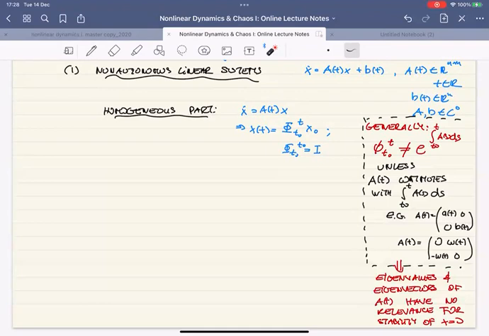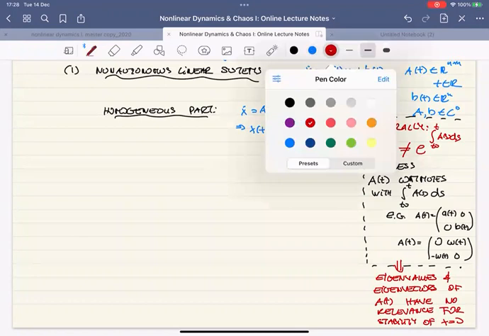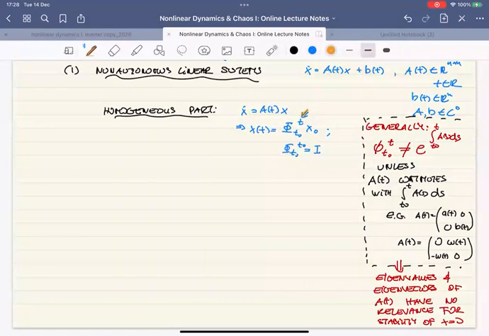So this is the homogeneous part, and we call this the fundamental solution matrix. These are terms we already used before, that's why I'm just repeating. When you properly normalize it, it's just the identity at x naught.